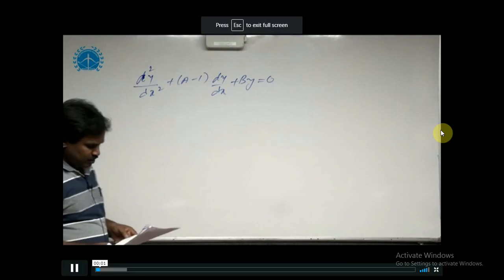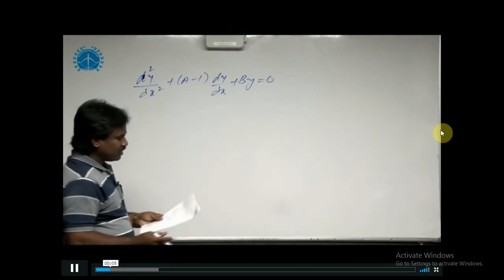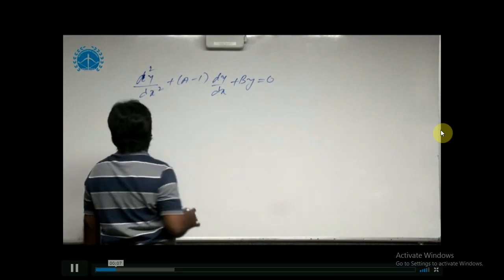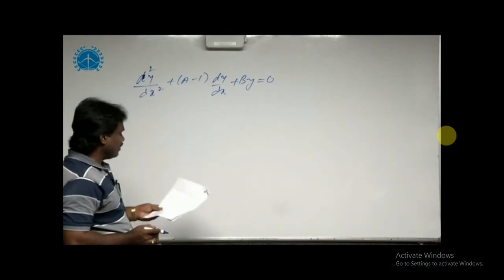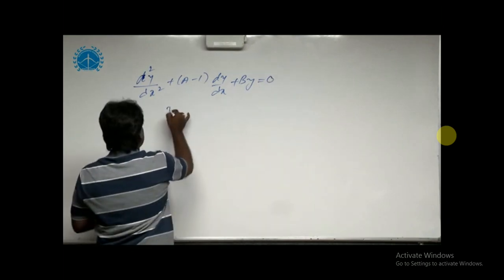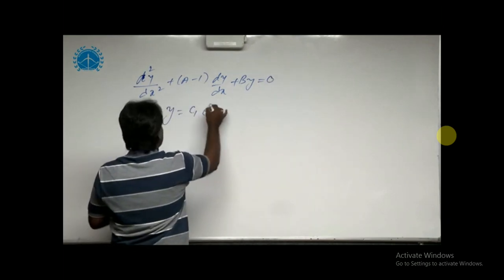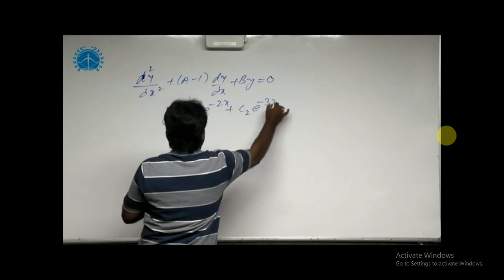In this question, the complete solution of the ordinary differential equation d squared y by dx squared plus (a minus 1) dy by dx plus by equals 0 is given as y equals c1 e to the power minus 2x plus c2 e to the power minus 3x.